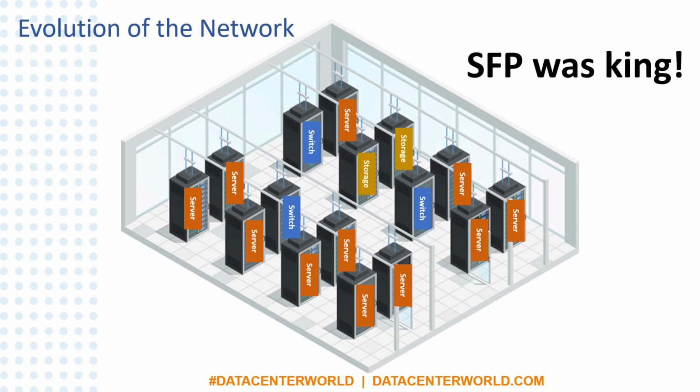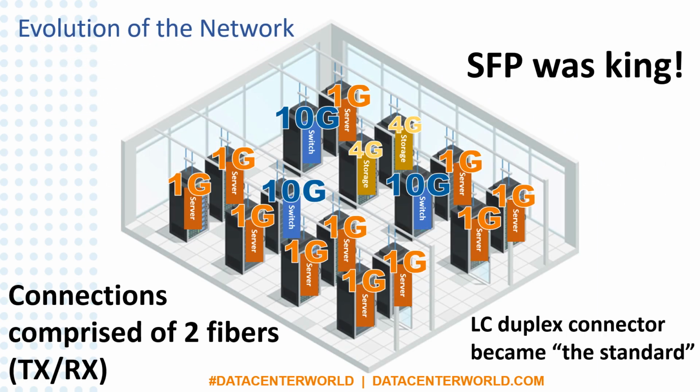Now, in the not-so-distant past, pretty much all connections in the data center were comprised of two fibers, a transmit and receive. And those were supporting everything from 1 gig Ethernet to 10 gig Ethernet to 1, 2, and 4 gig fiber channel. And the LC duplex connector was certainly the standard, and SFP was the king.